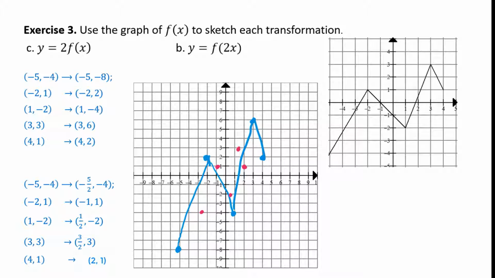Now we can connect these points. And what we see is that the horizontal width has been scrunched or compressed to half the original width.